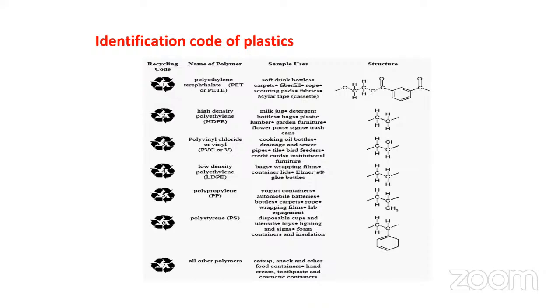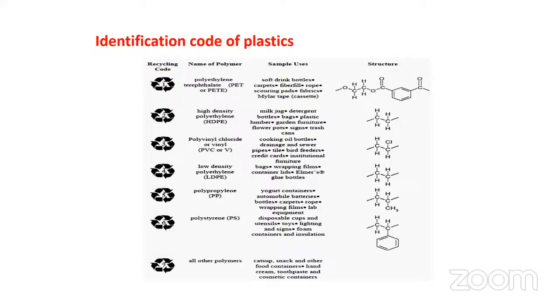One is polyethylene terephthalate, which is nothing but PET. Second is high density polyethylene, which is HDPE. Then number three has been provided to PVC, which is polyvinyl chloride. Four is for LDPE. Fifth is for PP, polypropylene. And six is for polystyrene.